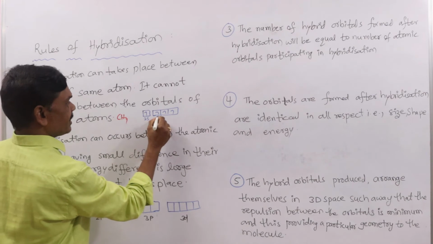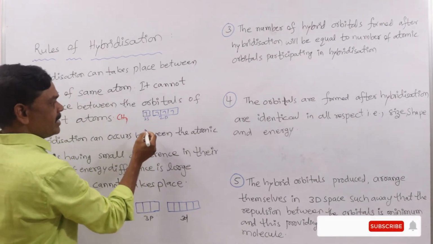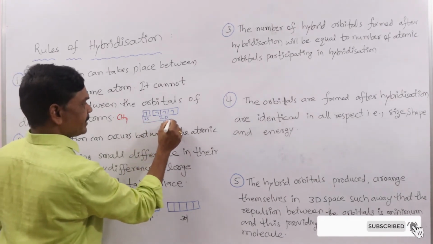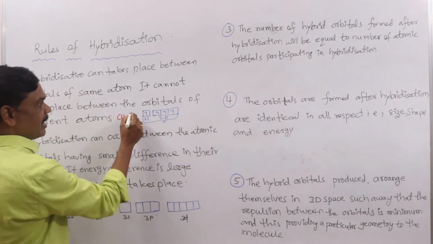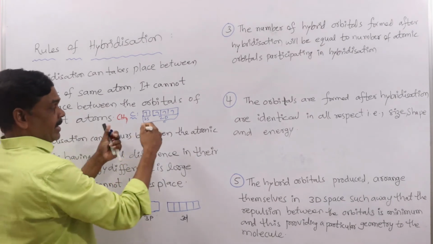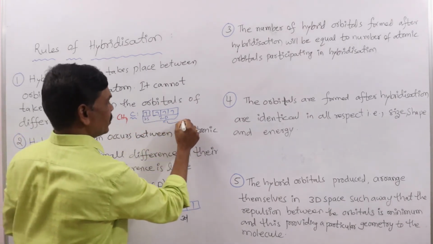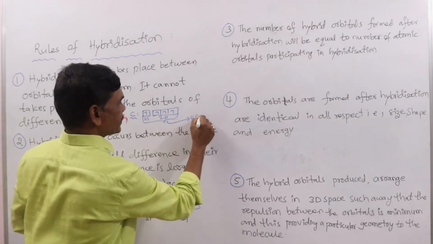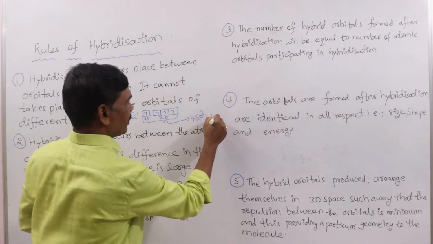This is the 2s orbital, and these are the 2p orbitals. The 1 s orbital and 3 p orbitals of the carbon atom undergo hybridization to give 4 sp3 hybrid orbitals.